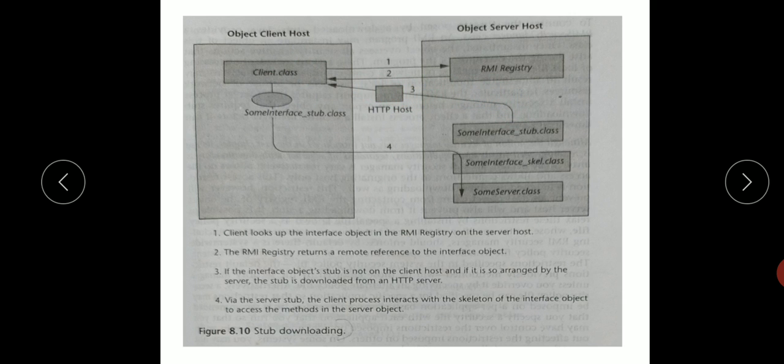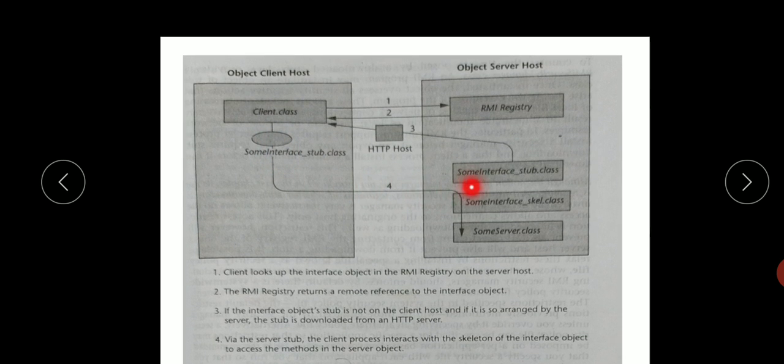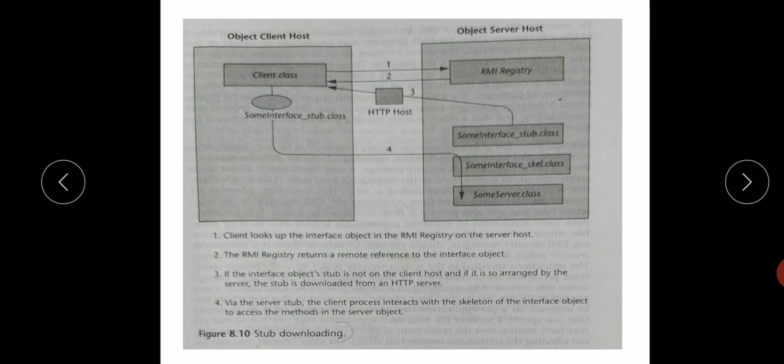The fourth step is that via the server stub, the client process interacts with the skeleton of the interface object to access methods in the server host. So using the stub class, it makes a call to the remote object which resides on the server. So this is the stub downloading.